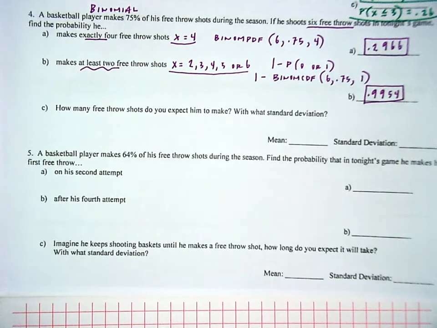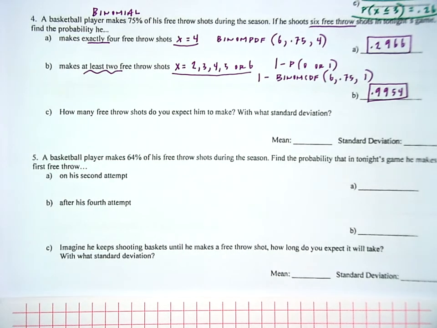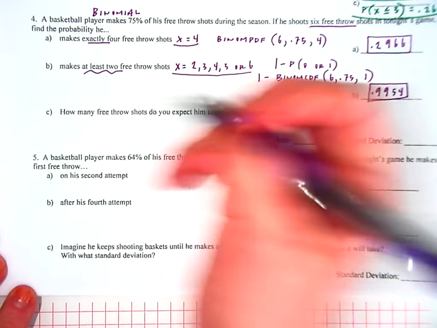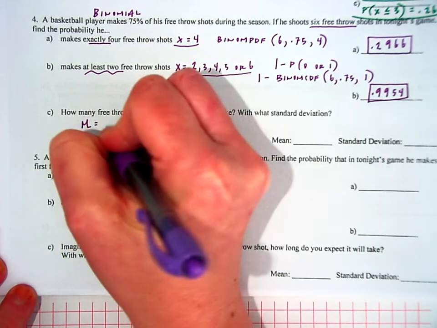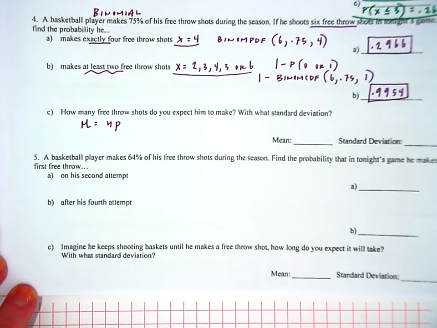Okay, next up, how many free throw shots do you expect him to make, and with what standard deviation? So we know that he's shooting 6 in the game, so what's the proportion of successes here? We're just saying the mean would be n times p.